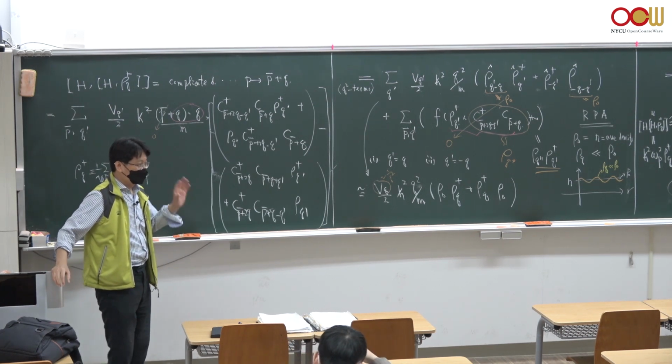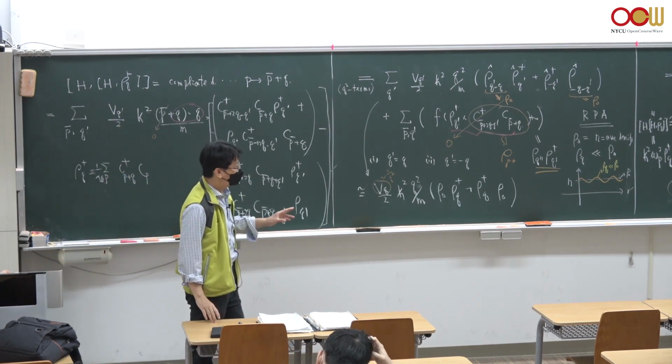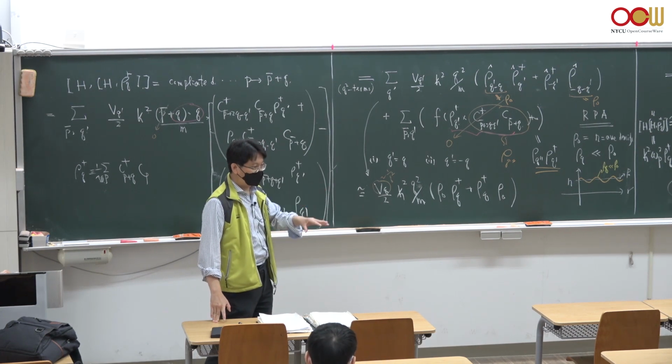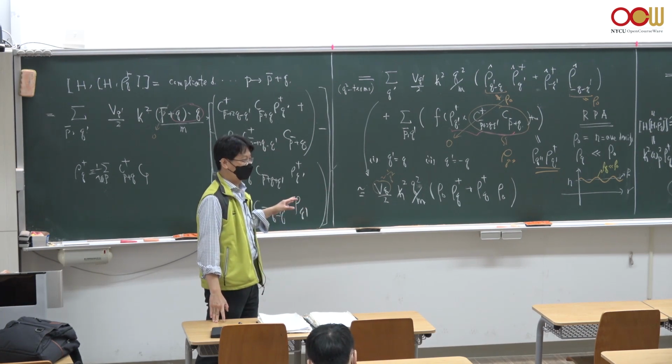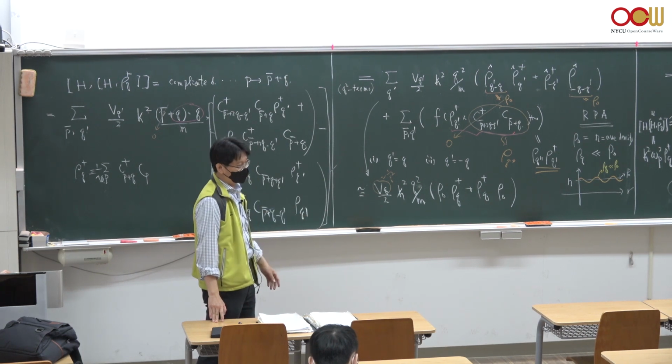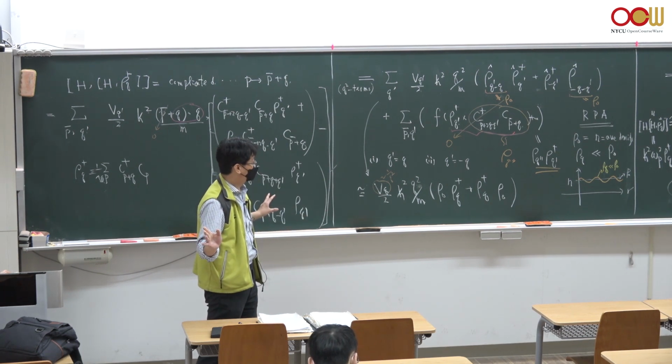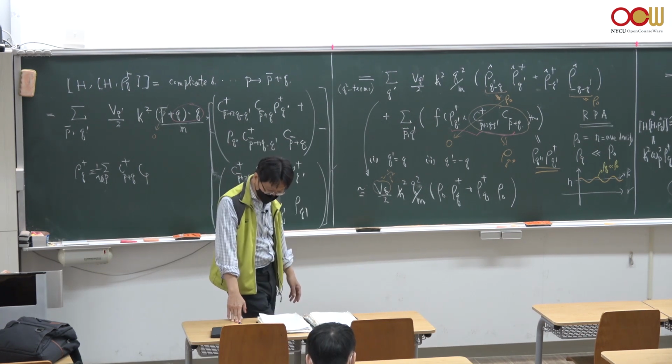Okay? So it's not easy to understand this physics without using the second quantization formalism. Think about this. If you don't know about this c or c dagger creation and destruction operator, can you understand this? So that's the real test.